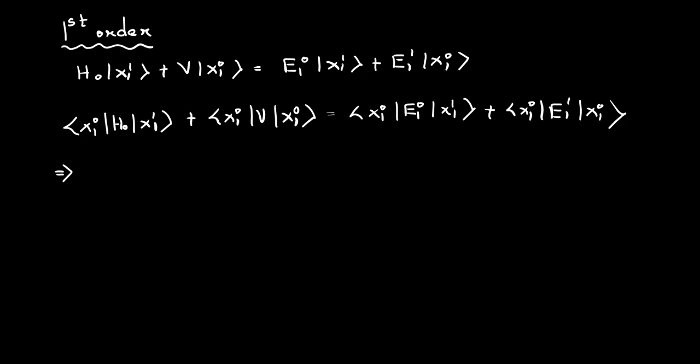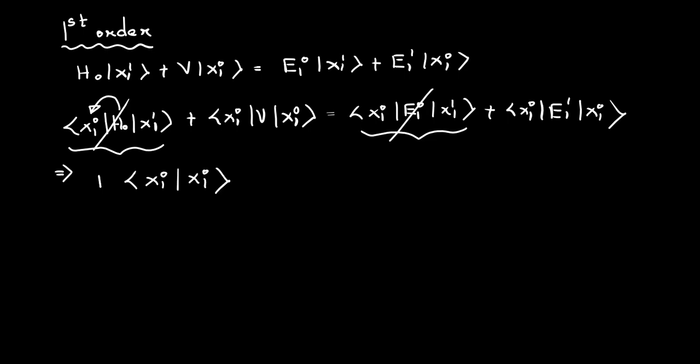The Hamiltonian, since it's Hermitian by nature, acts on this. When it acts on this, you get e1 0, and this term becomes similar, and then we can cancel it off. Any standard book will tell you how this is done. In the end you are left with e1 1 on one side, and on the other side you have x1 naught v x1 naught, since the inner product becomes 1.